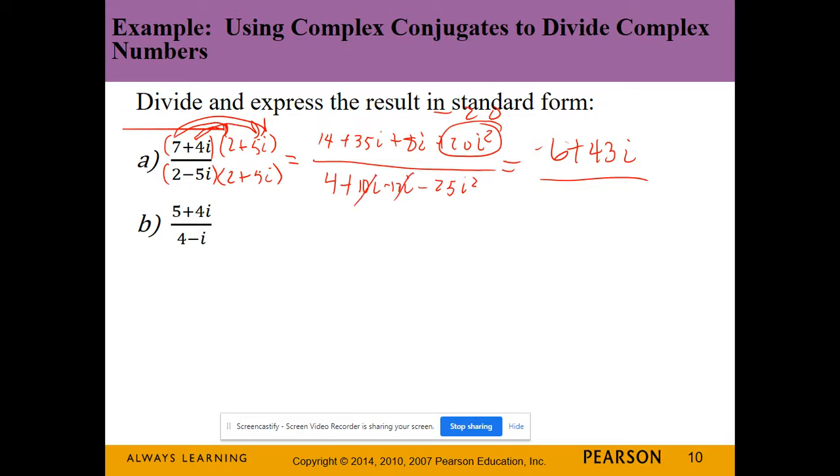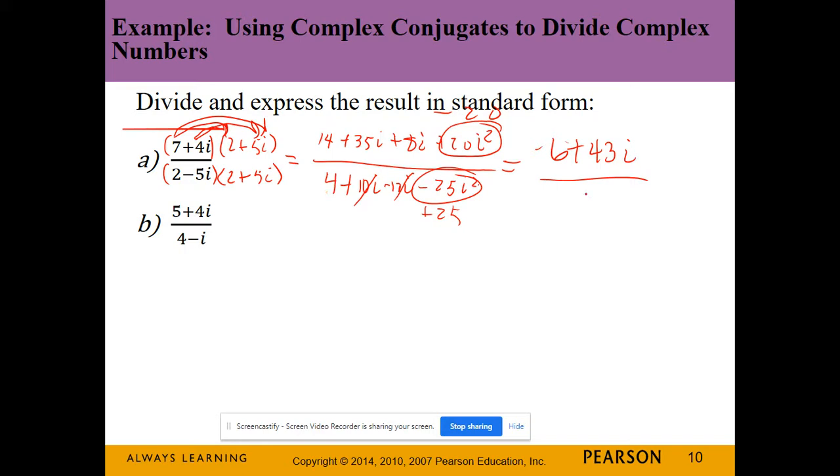So eventually, when you try the next one, when you FOIL it out, you don't need to write those middle terms, because they are going to cancel out. That's the point of multiplying by the conjugate. I'm only writing it there for note-taking purposes. However, those middle terms will always cancel out. And then negative 25i squared is going to turn into plus 25.